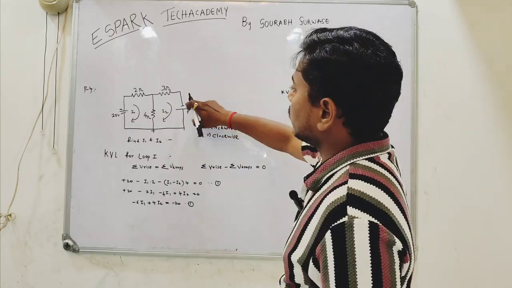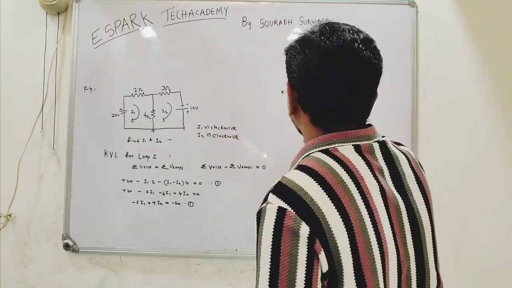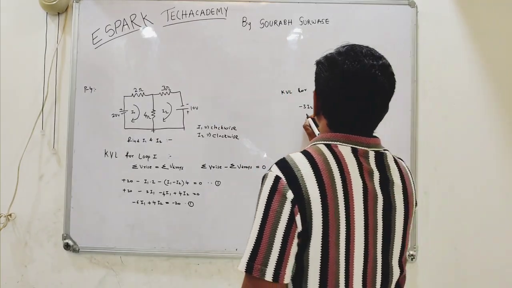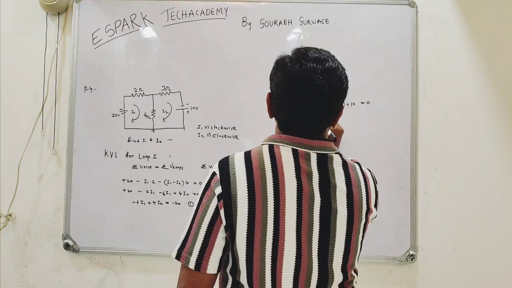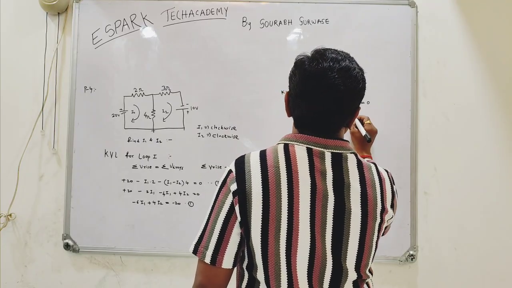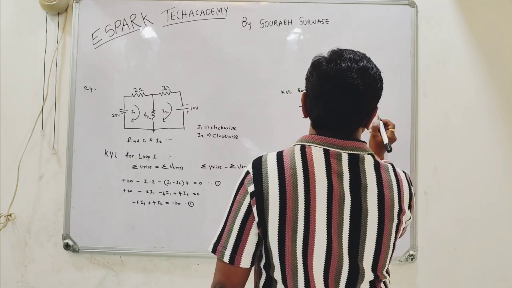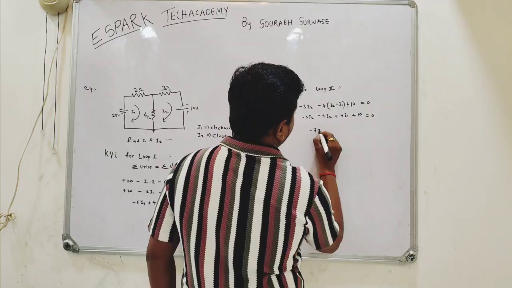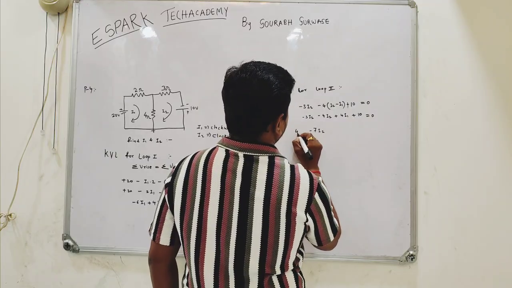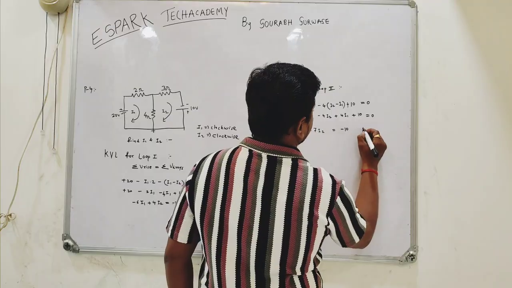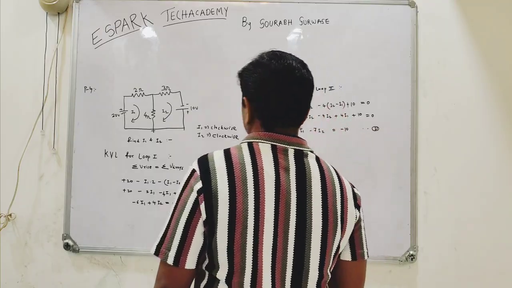Here again we are traveling from negative to positive, that's why this will be positive, the rest will be negative. Now from here, minus 7 I2 plus 4 I1 is equal to minus 10. This will be the second equation.